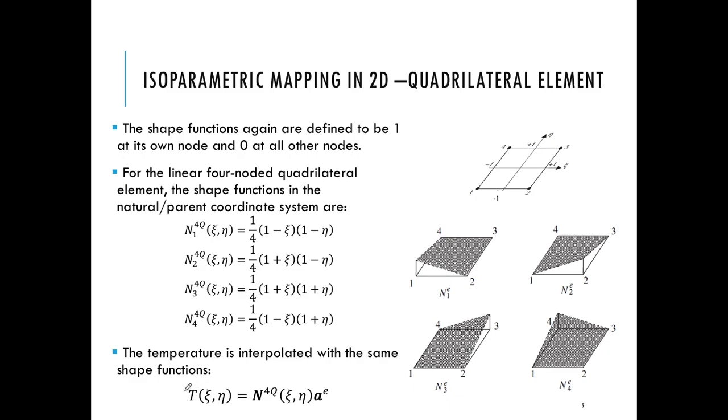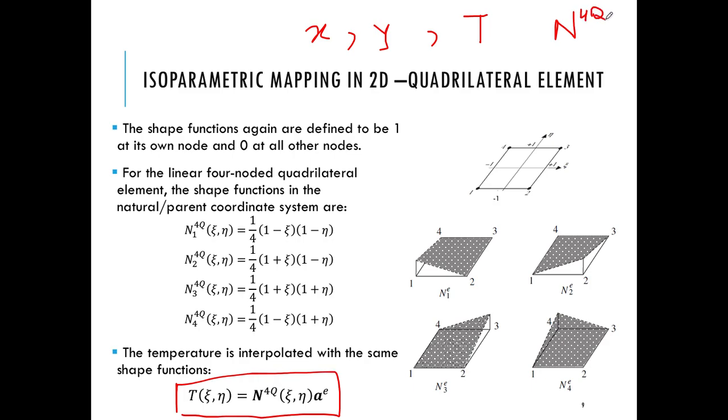So each of our x, y, and temperature is being interpolated using the same shape functions N4Q defined over our universal element.